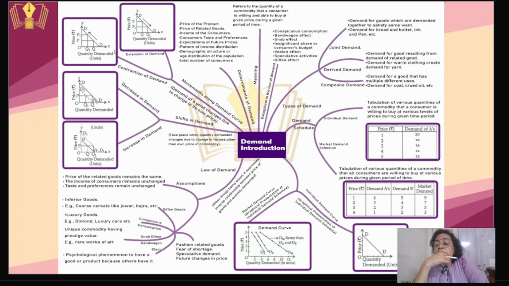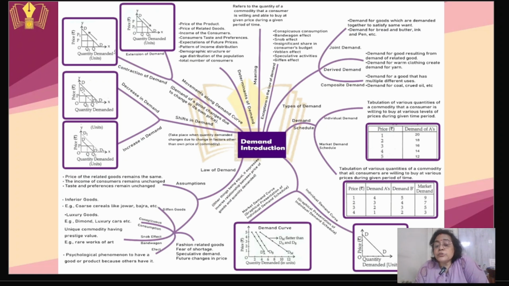That is what is called composite demand: the demand for a good that has multiple, or different, uses. After this, in the types of demand, we again have individual demand and market demand, and we can present them through the individual demand schedule and market demand schedule.